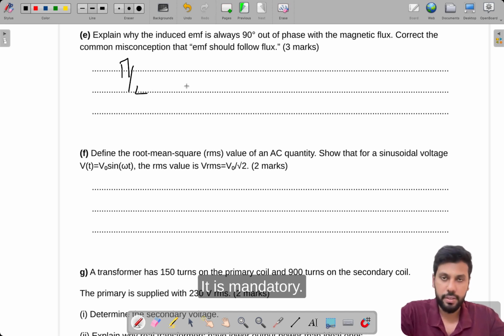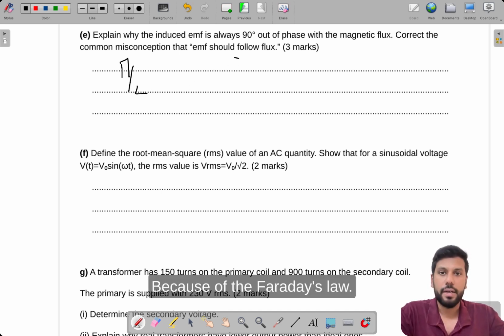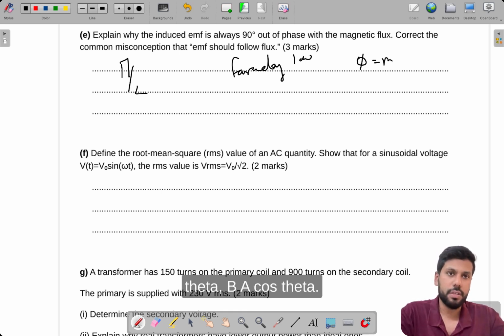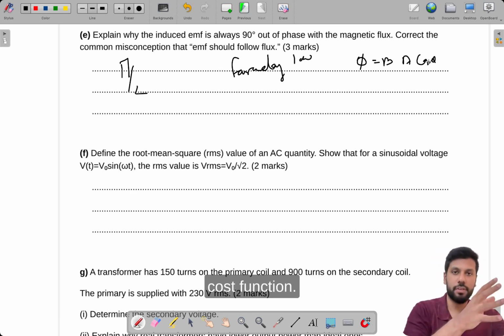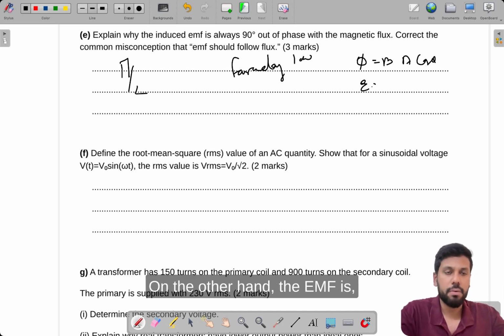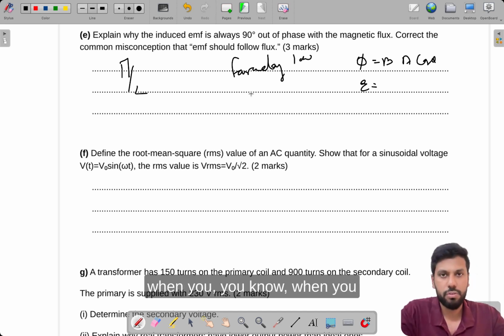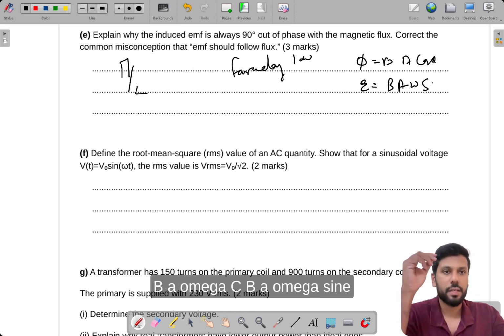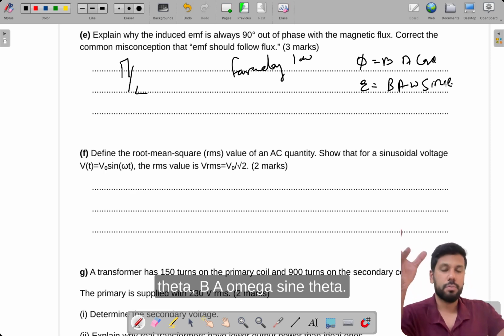It is mandatory. Why? Because of Faraday's law. Faraday's law says that flux is BA cos theta, so flux is a cos function of theta. On the other hand, when you differentiate it, EMF becomes BA omega sine theta.